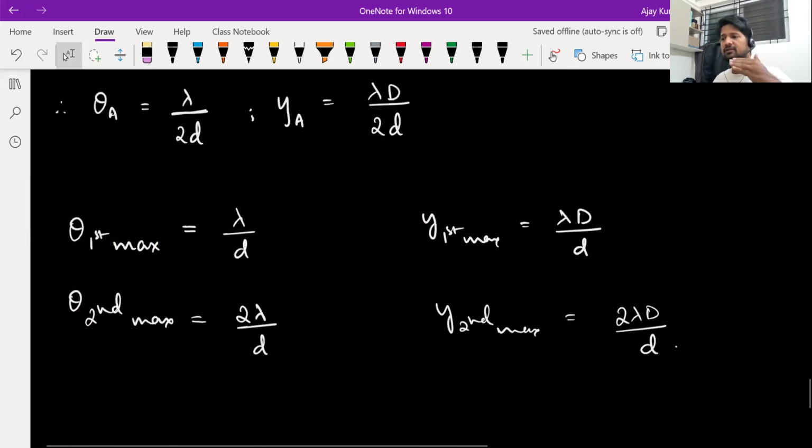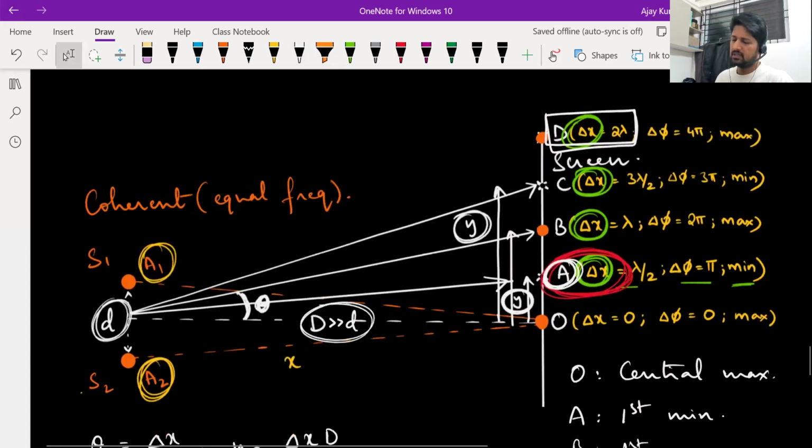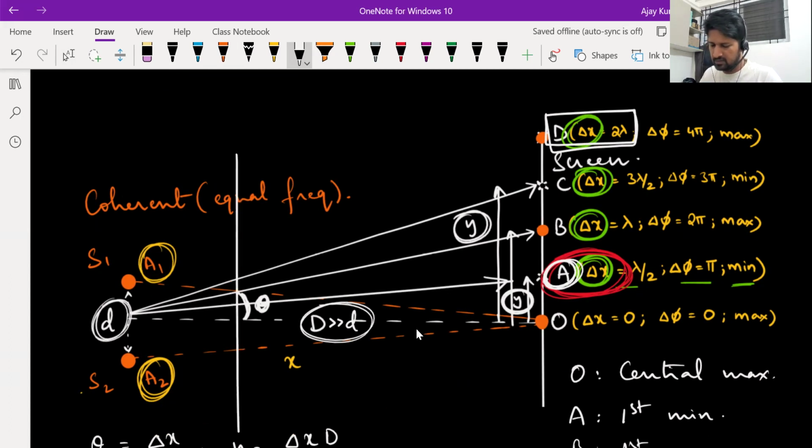See, whether waves undergo constructive interference or destructive interference depends on the angle at which they are traveling. Now, if you bring the screen closer, maybe somewhere here, you will see the bright and dark spots forming very close to each other.